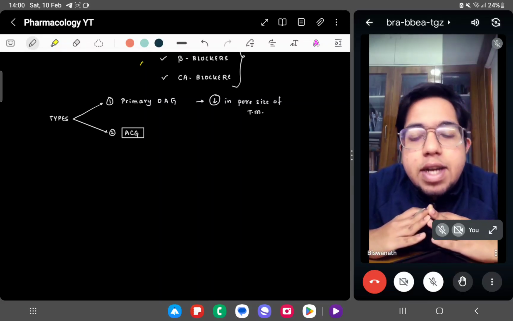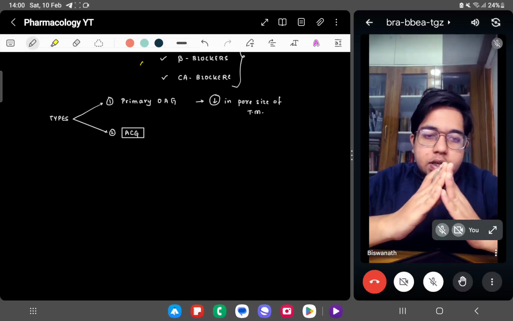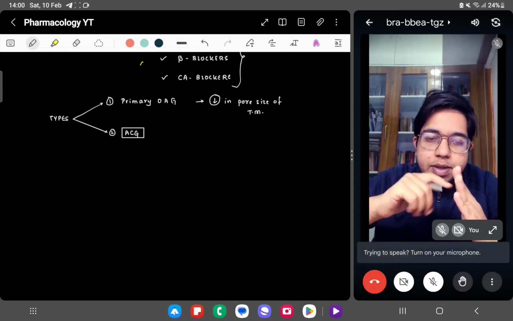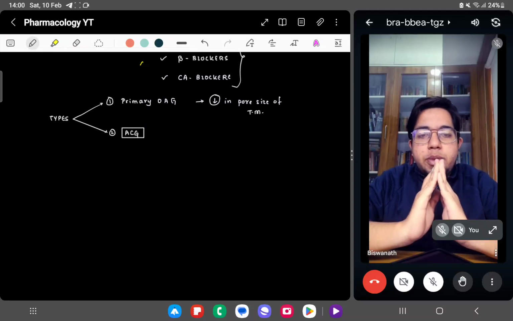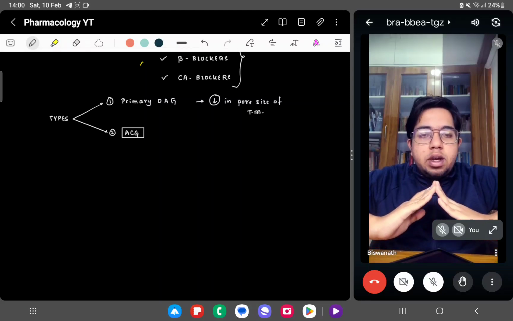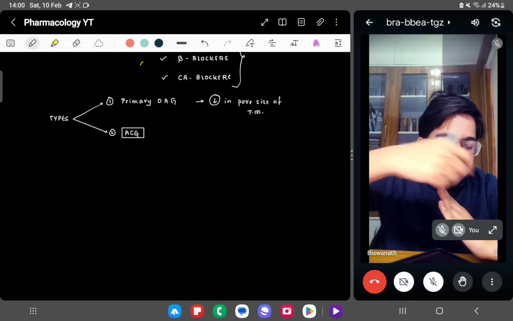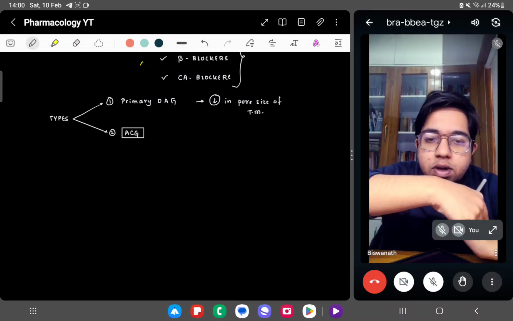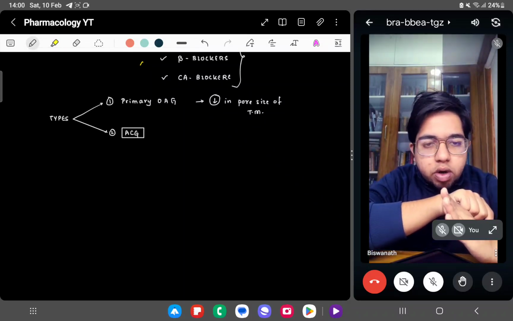So if there is mydriasis or increased pupil size, the distance in which the iris was present is not like this normally. But if there is mydriasis, there will be stretching of this. And due to the stretching, where the trabecular meshwork was present, the pores will be closed. The pores will be closed.